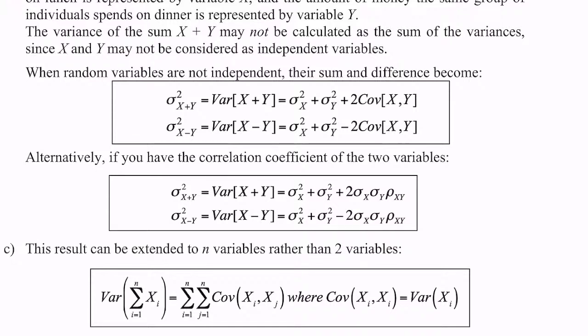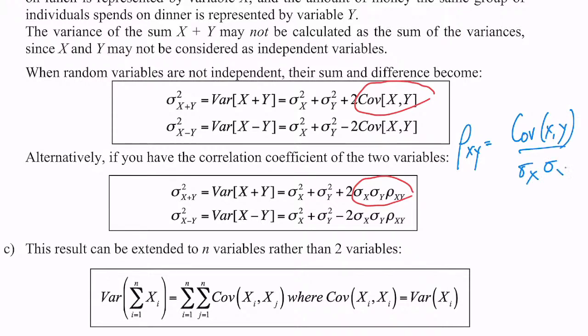I've also made these alternative expressions depending on what you're given. Remember that covariance is what? Covariance standardized gives you the correlation. So this notation is the correlation, but for the population.